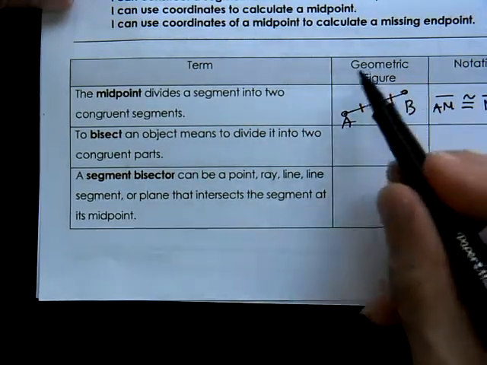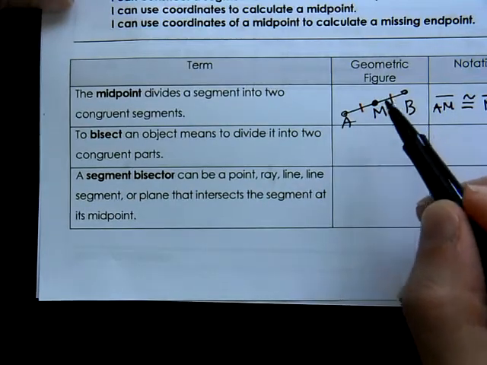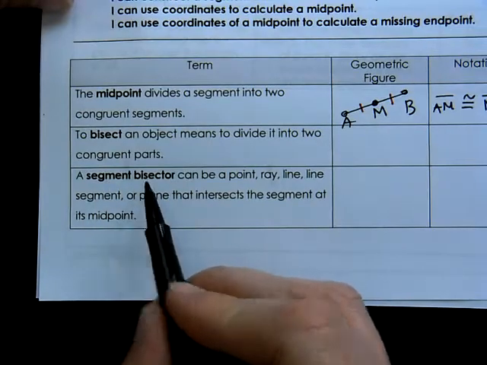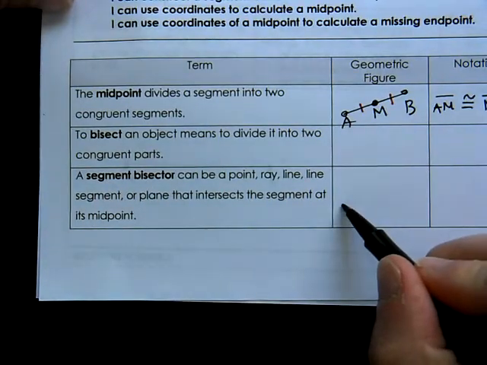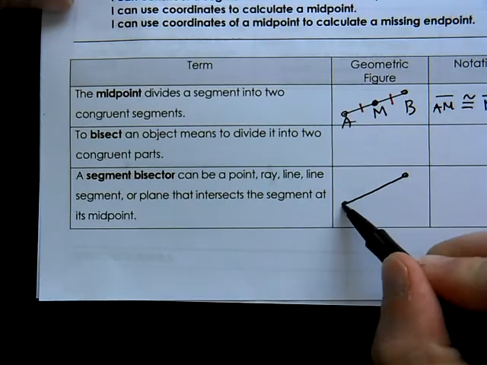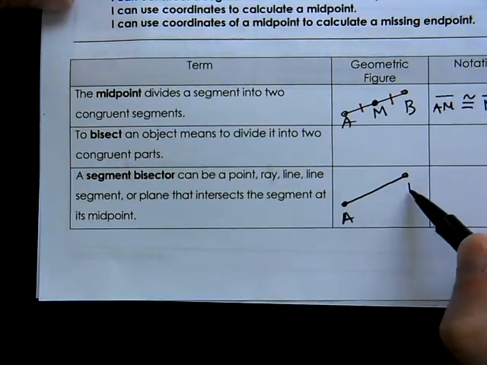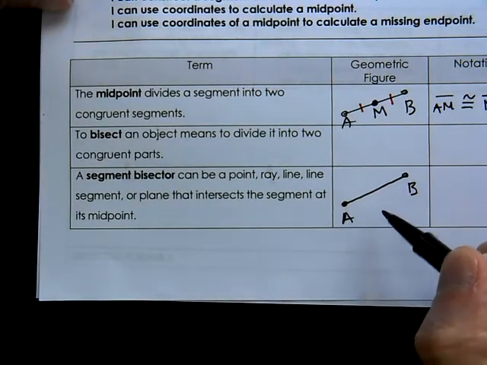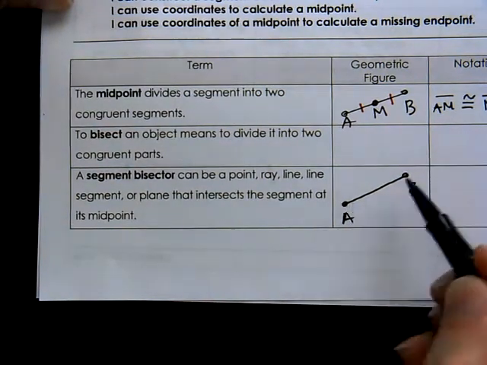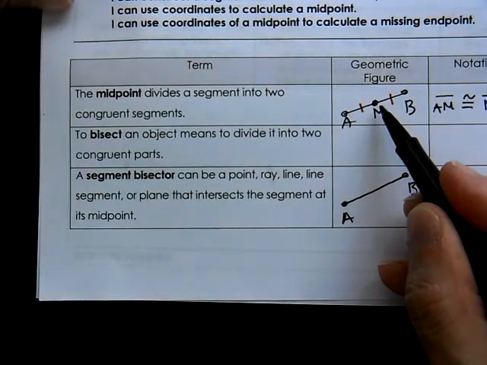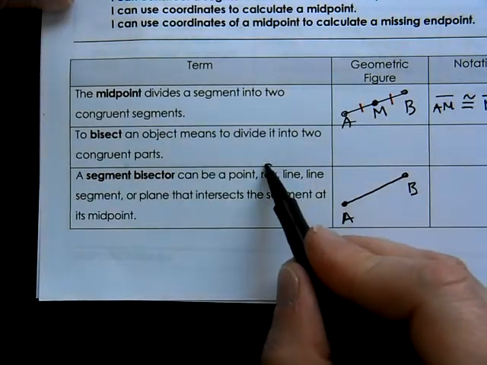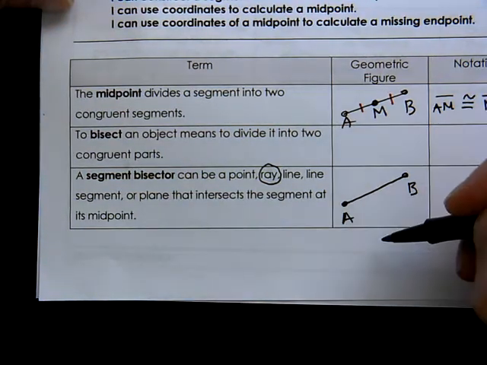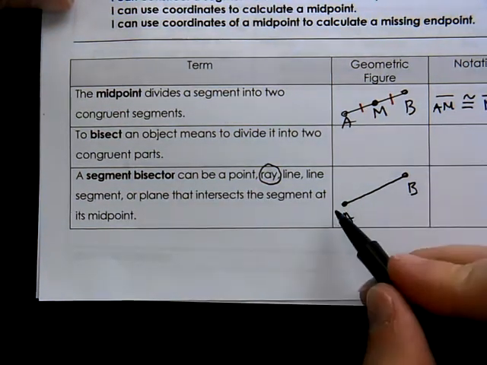So let's draw another figure, and this time we'll use something other than a point to show a segment being bisected. So once again, I'm returning back to segment AB. And now we want to create an object that is bisecting this figure. We'll do something other than a point. How about a ray, just for something different? Let's draw a ray that is going to bisect this segment.